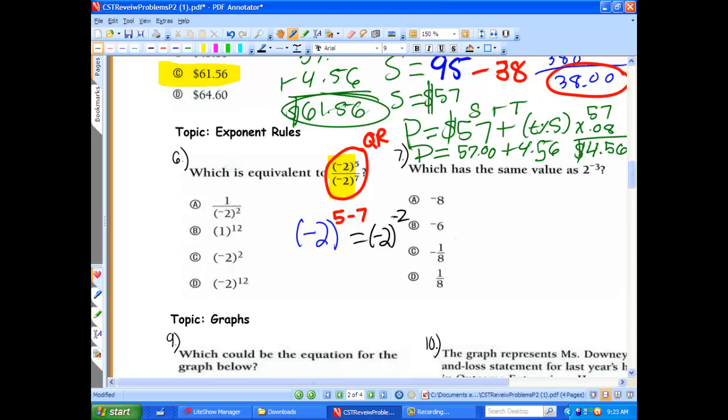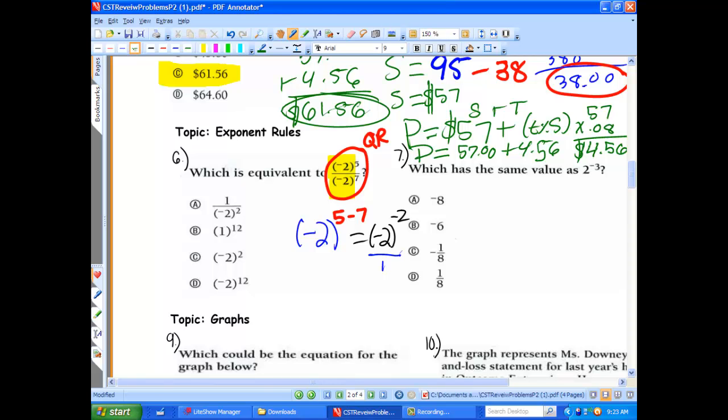And we have a problem here. We have a negative exponent still. We don't like negative exponents. We have to turn it into a positive exponent. And if you see in our multiple choice answers, we only have positive exponents. So our rule for negative exponents: we can turn that negative 2 into a ratio over 1.